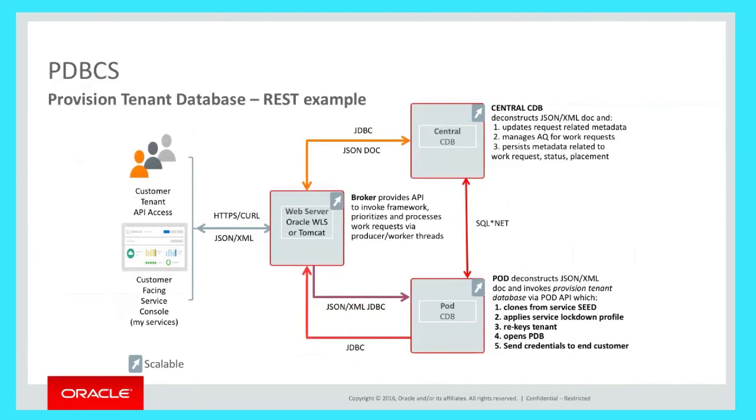We will clone from a template that's stored in the central CDB as a gold image template for that particular service. Then we'll apply the resource management and lockdown profiles for that particular service request to satisfy the shape of that PDB. And then automatically, we will rekey the tenant for TDE encryption, and then we'll open up the PDB.